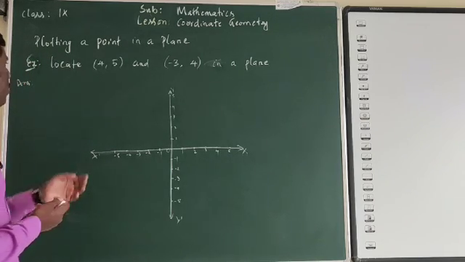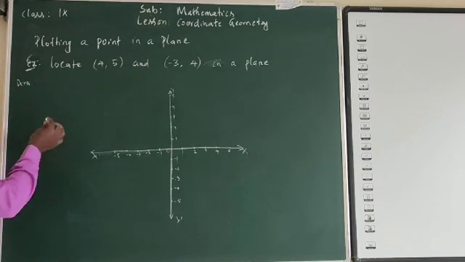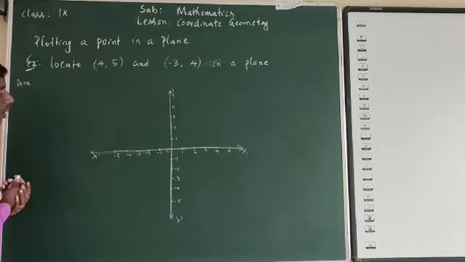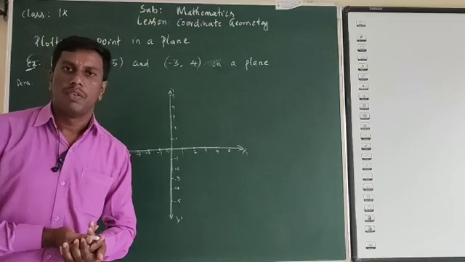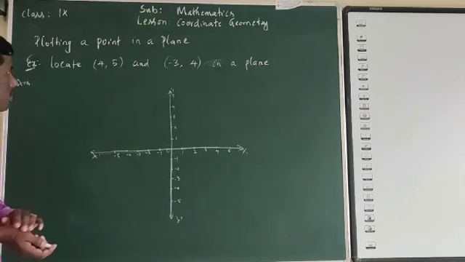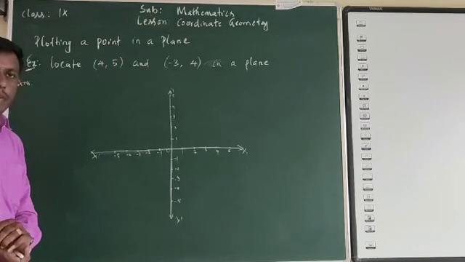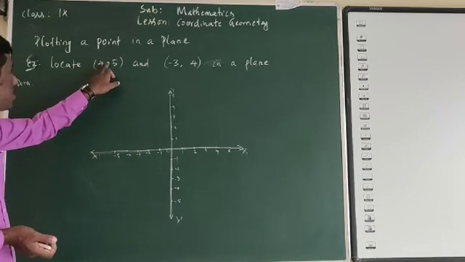In this plane, I need to locate (4, 5), the first point. Let me take this point as A. Point A is (4, 5). We locate this point. So how to locate this point? You know that, observe the sign of the coordinates. The x coordinate is positive, the y coordinate is positive.